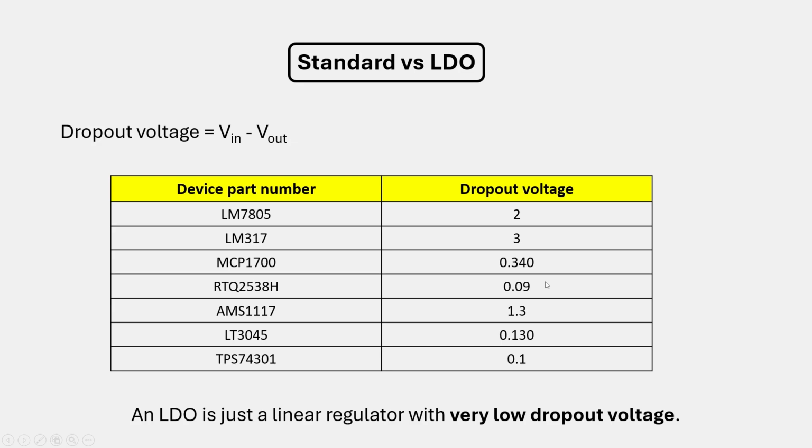It requires 90 millivolts to deliver 2 amps of output current. That is very low. But this is also like the 1117, very famous, 1.3. This part from Analog has 130 millivolts, which is very low. And this part from TI is about 100 millivolts, similar to this one. We can say that it is a simple linear regulator, but with very low dropout voltage requirements. That's basically what an LDO is.